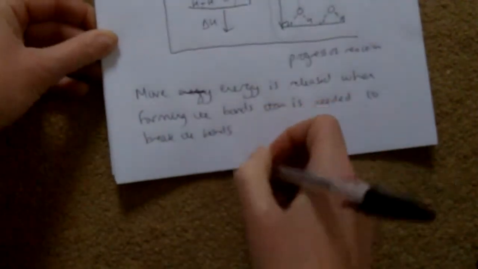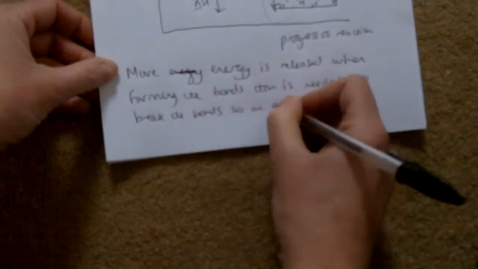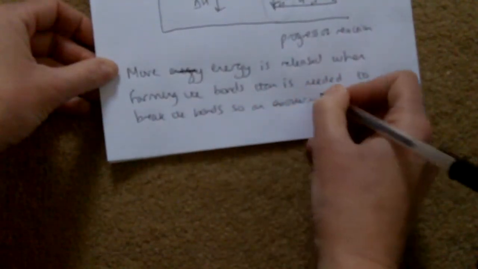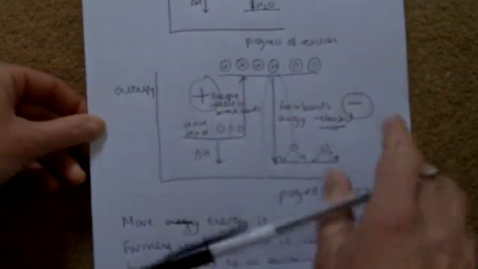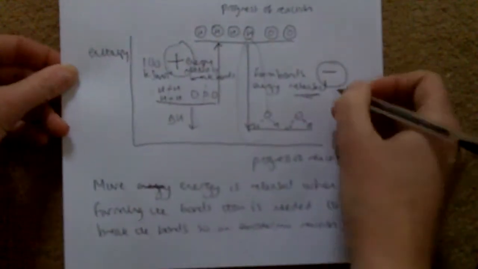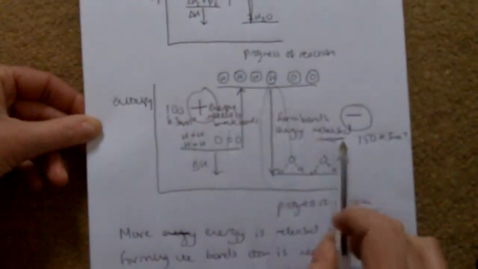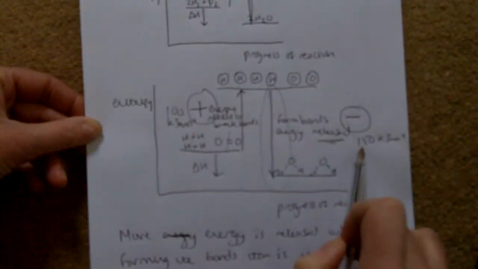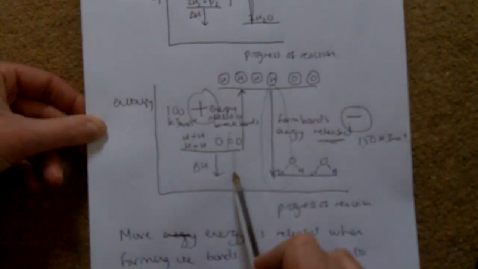And this is overall an exothermic reaction, because if we put some pretend numbers in, like pretend that this was 100 kilojoules per mole, and pretend this was 150 kilojoules per mole, you can see that this is just 100, this is a minus 150, so the enthalpy change will just be 50 kilojoules per mole.